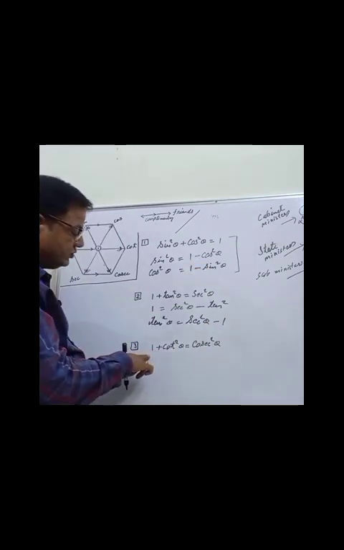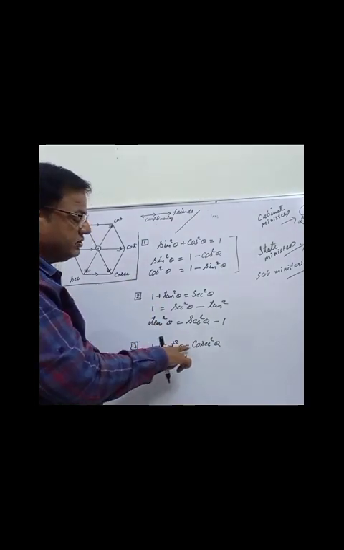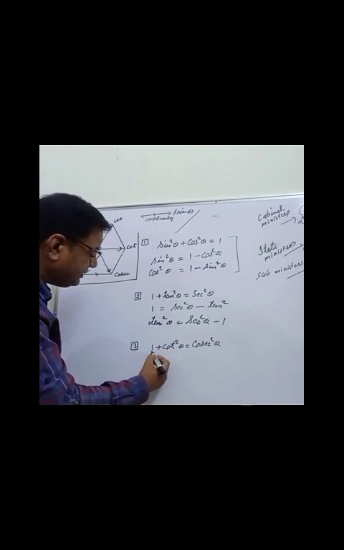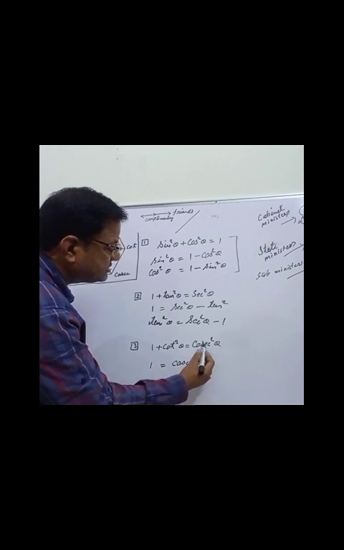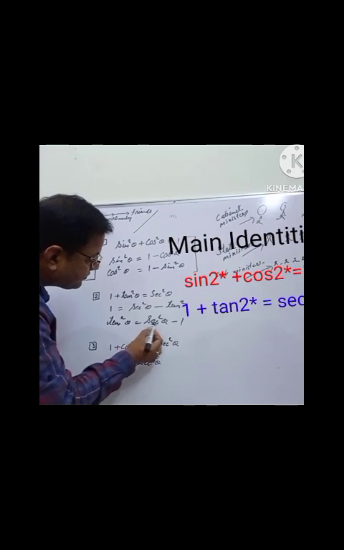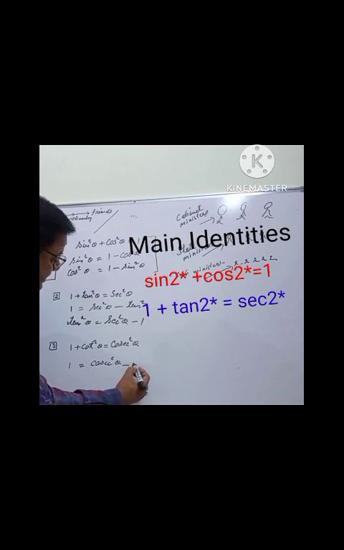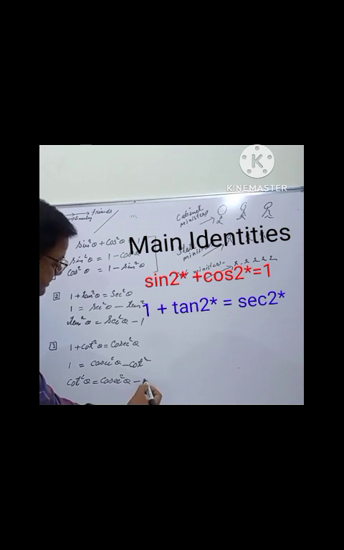Now we come to the third main identity, 1 plus cot square theta equal to cosec square theta. Then we keep cosec square theta in its place, cot square theta will come to the other side with a minus sign, so cot square theta equals cosec square theta minus 1.